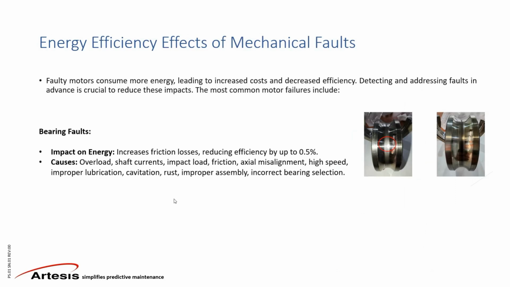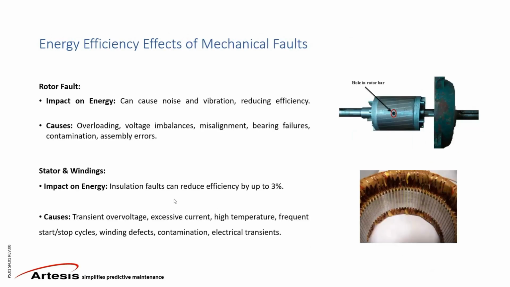These will create friction, which will cause the motor to consume more energy in order to overcome that friction. So this friction will reduce the efficiency by up to 0.5% on rotating assets. Another type of mechanical fault that can happen is rotor faults.